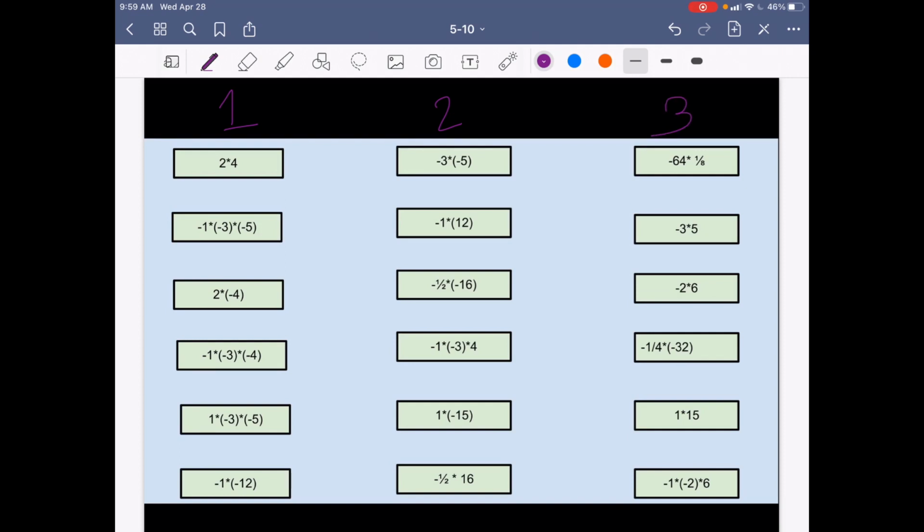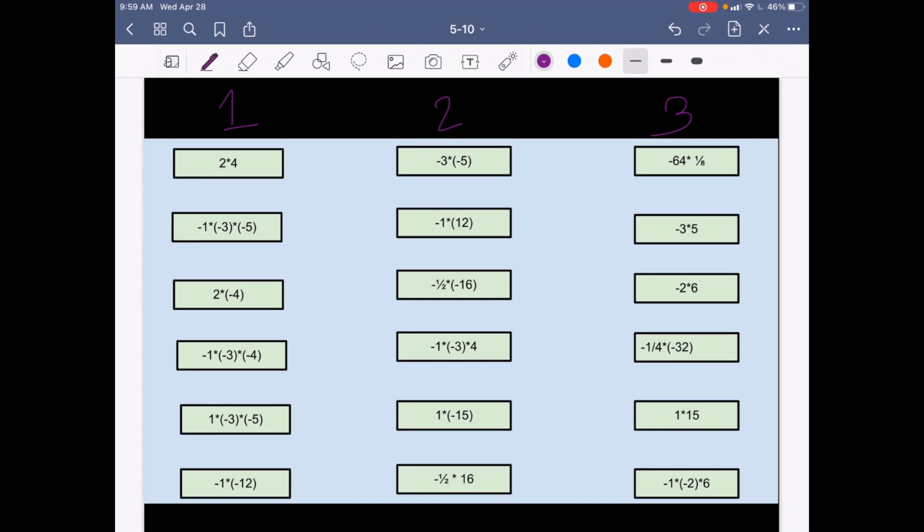You're going to pause the video and match a number from column 1 to column 2 and that one to the expression in column 3. We can do the first one together. 2 times 4 is going to give us a product of 8. So we've got to look down the middle and find which one of these is going to give us a product of 8.